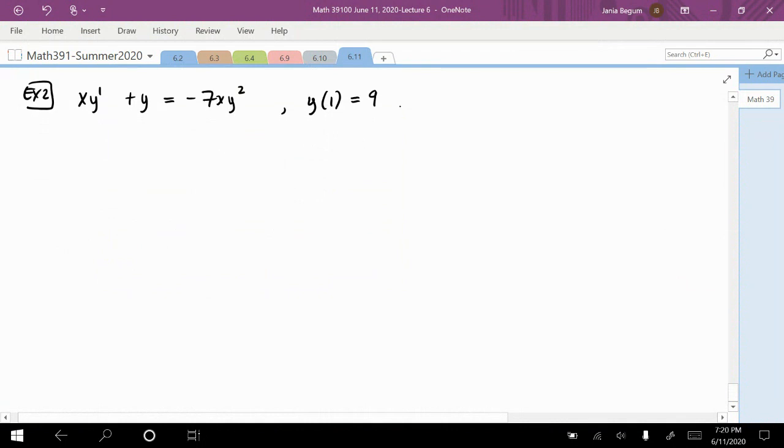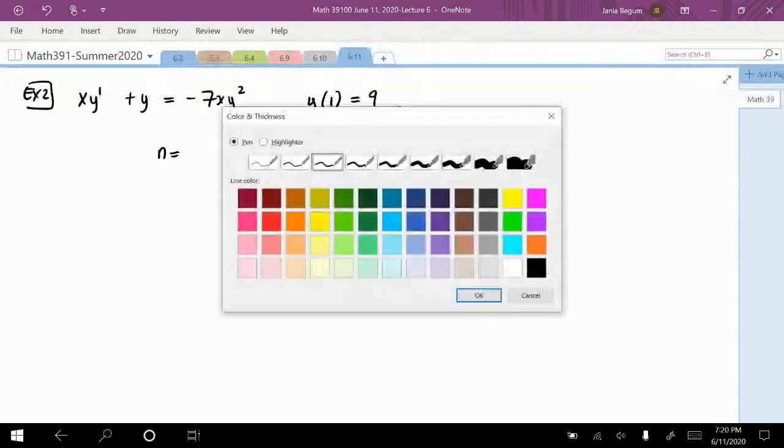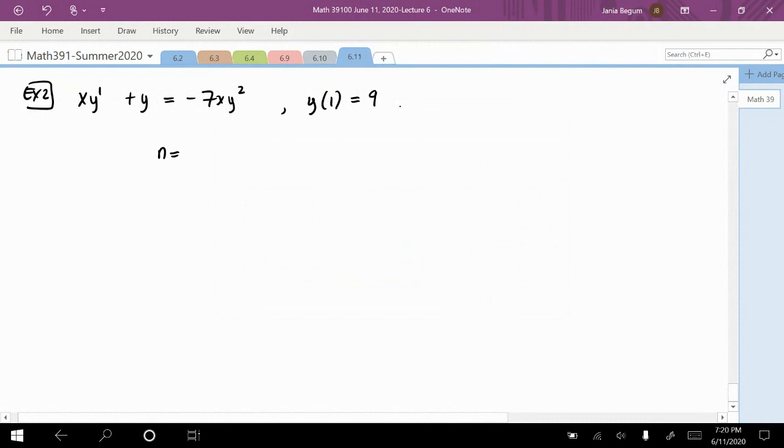So it's a Bernoulli equation, right? You have y prime, and then you can divide both sides by x to identify your functions p and q. But I'm just going to go ahead and identify n. So what is n in this case? It's 2.